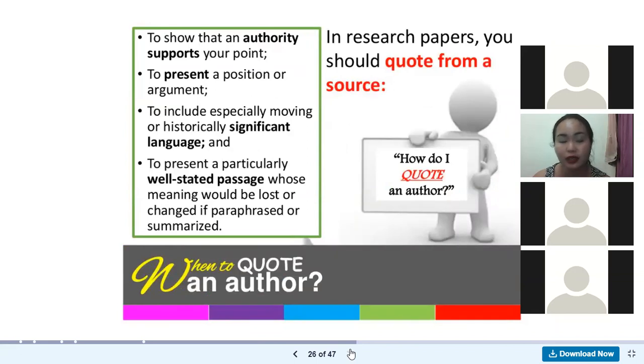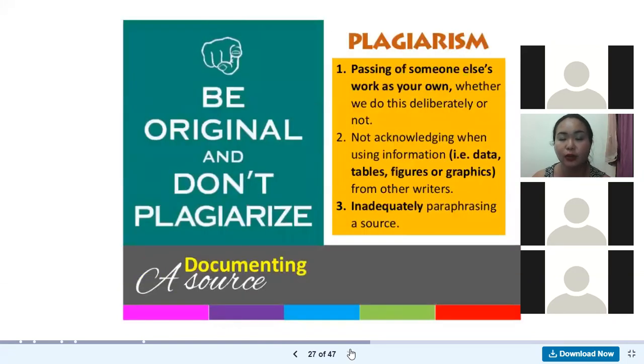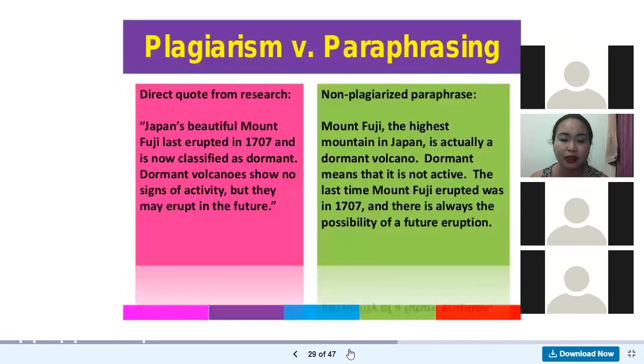There are also other ways and patterns to do that, and what's important is that it's uniform throughout the paper, because you can't cite one way and then another way the next time. And also very important to know what plagiarism is. It's very important. So that's it for now.